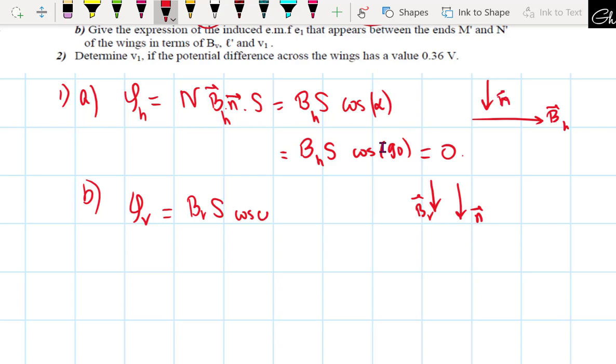So here the angle is 0, cosine 0 is 1, so it's going to be B vertical multiplied by the surface area S, and the final result will be BV multiplied by the length L prime and x. So it's length times width. Finally, the electromotive force E1 is going to be minus d flux by dt.